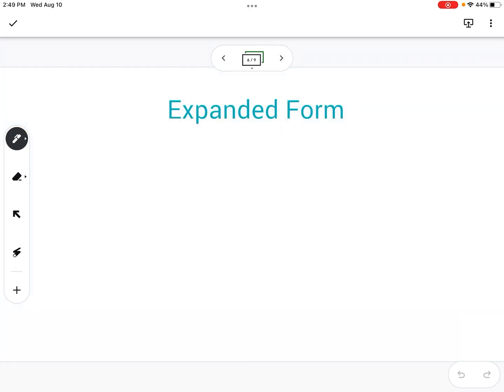So then from there, we could create the expanded form, which is the addition sentence of those number value parts. There's a couple of different ways that I teach the kids to work on this expanded form. They struggle with it a little bit. They don't want to put the zeros to create like the hundreds and the tens. And I'll show you what I mean there.